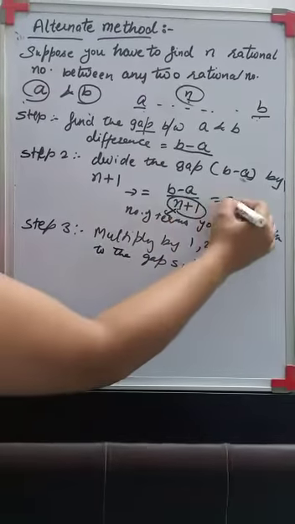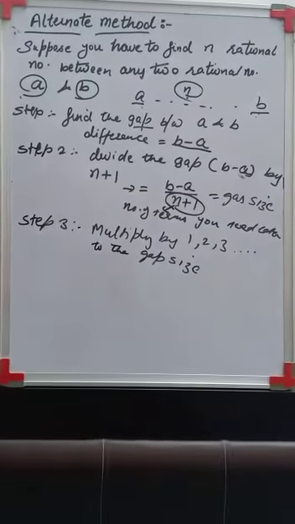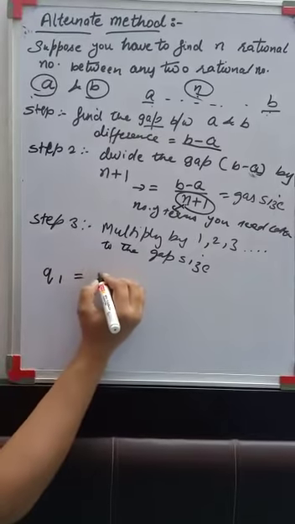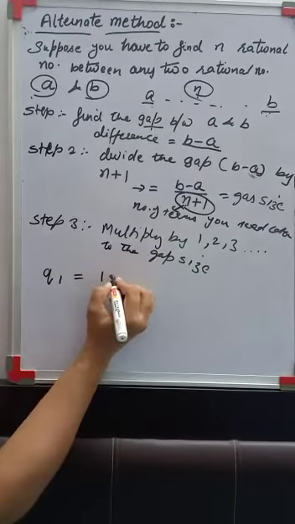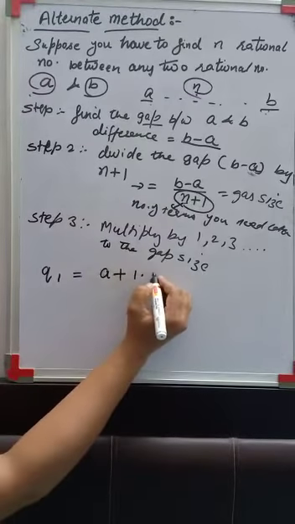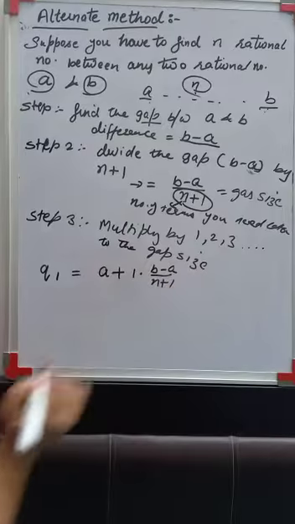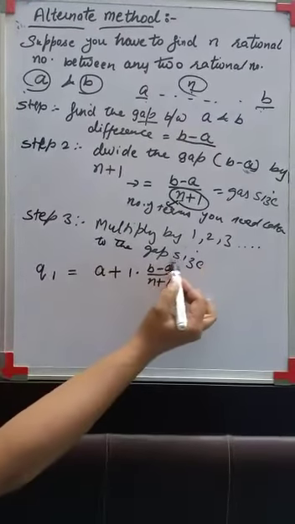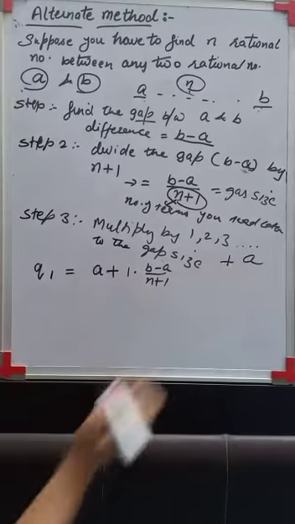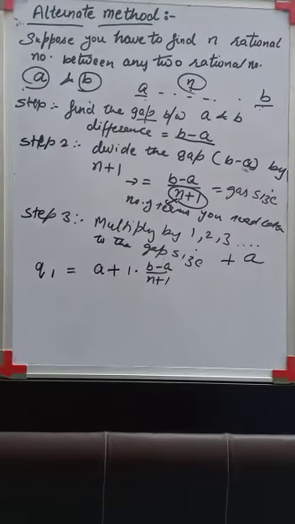Gap size is this one, right? So our first term Q1 will be A plus 1 into B minus A upon N plus 1. That means once you have multiplied by the gap size, you need to add A. A is the smaller term, right?